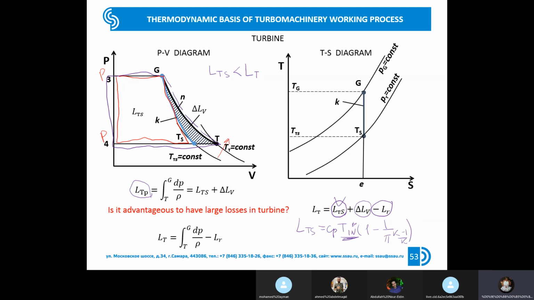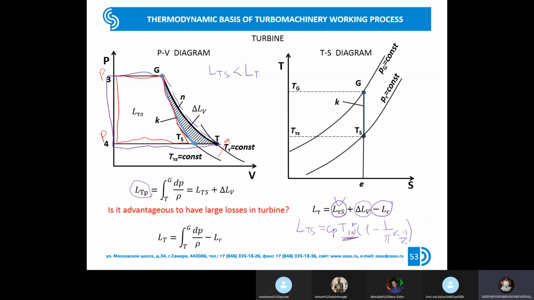the working process and the compressor working process, we have really the same physical element. We have losses which finally increase temperature, but the same physical process leads to very different conclusions, different physical processes.